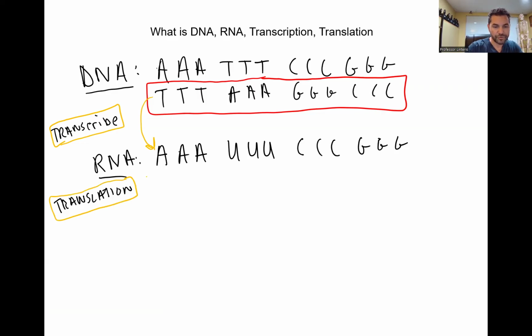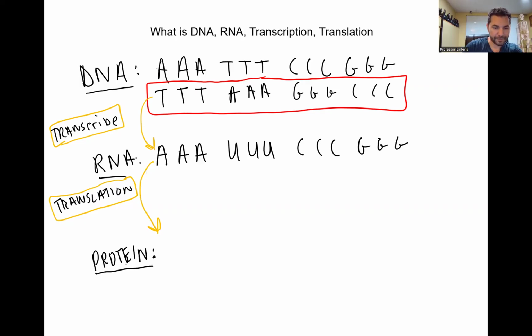Or we will translate this RNA into, if I can write, a protein. What is it going to look like?